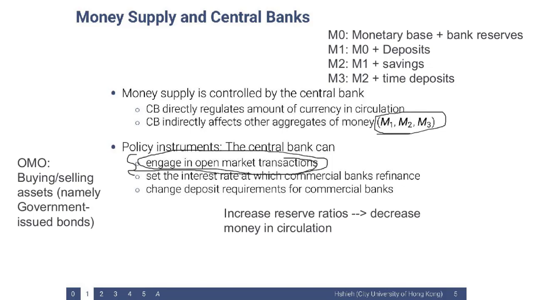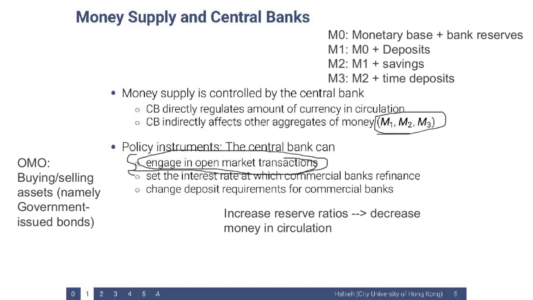Let me clarify that when we talk about money supply, we're talking about all aggregates of money. You can decompose that into several categories, so maybe I'll outline as a review what these categories are, just to give you an idea of what money supply subsumes.